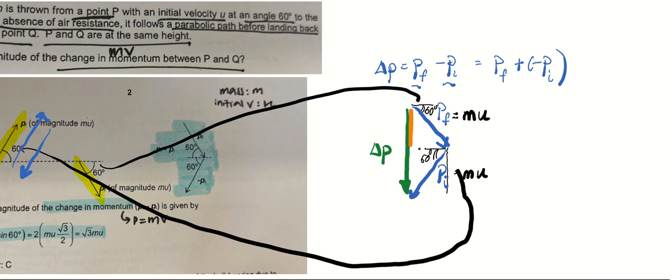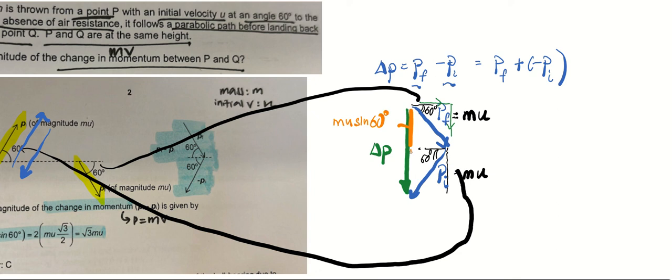You realize that this magnitude is, if you learn how to resolve this, basically this vector and this. This component is opposite, and therefore the magnitude of this orange length is equal to mu sine 60.